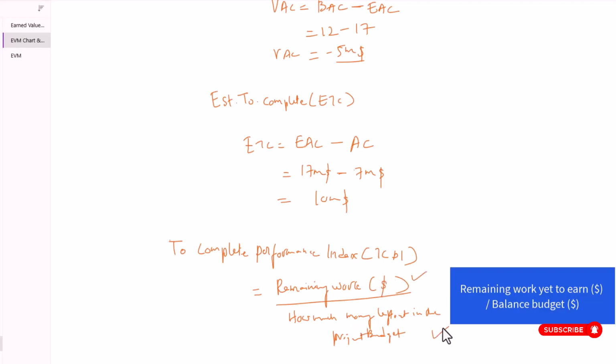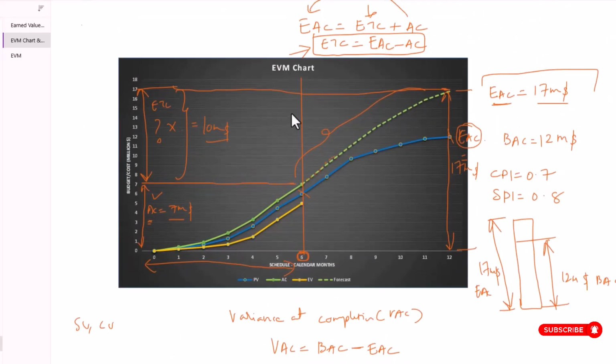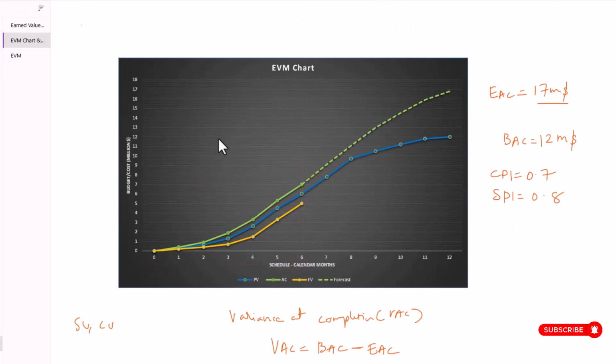Now we need to find these two values. How to find out how much work is pending with us? We need to know how much work is left for us. To find out that number, we're going to use the EVM chart.